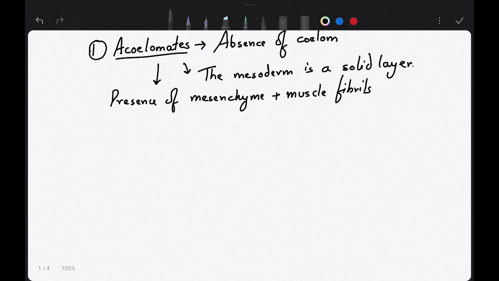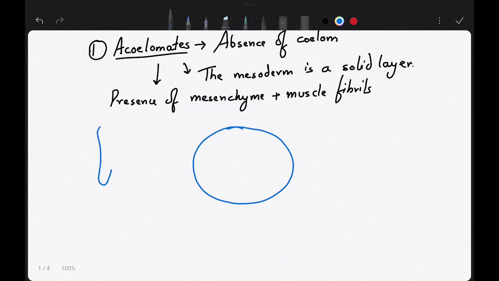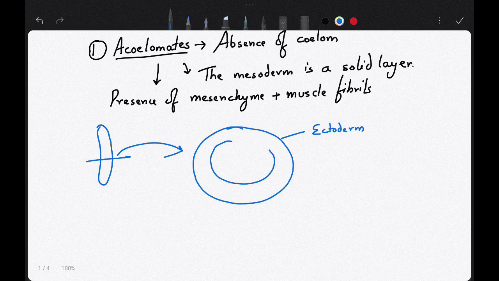Now let's see what acoelomates are. Suppose this is the organism, and if I do a cross section of this organism, you will get this picture. Suppose this is the ectoderm, then there is the presence of endoderm, mesoderm and the gut.